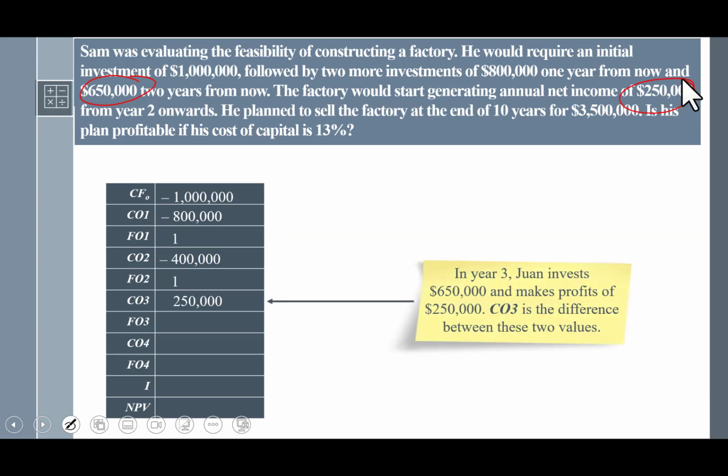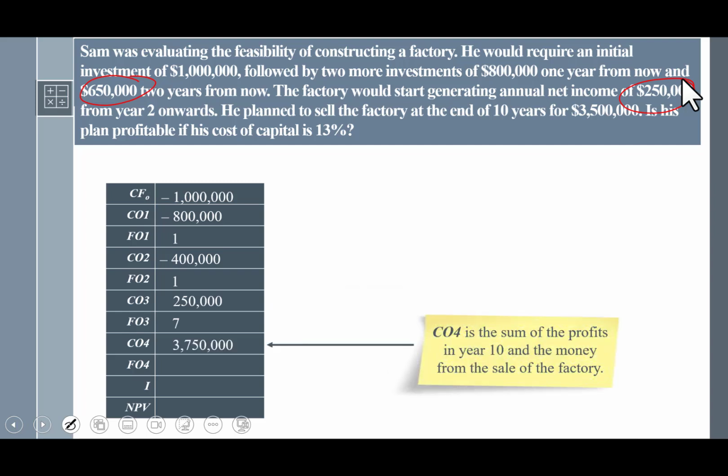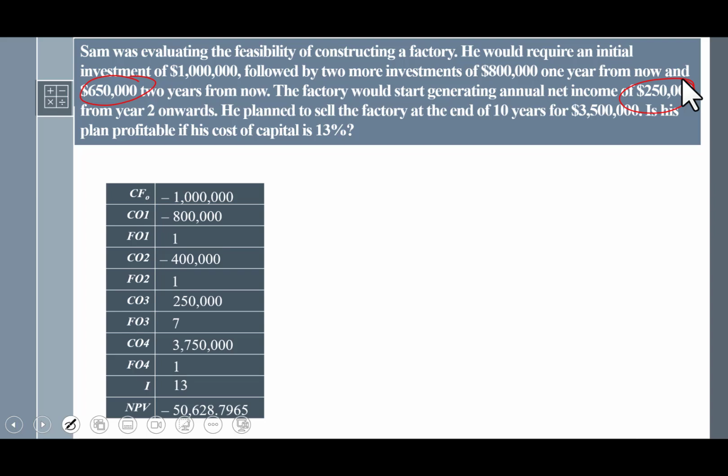Then the 250,000 from year 3 to year 9. So that's going to be repeated 7 times. From the third year to year 9. Because year 10, they're getting the 3.75 million. Repeated only once. That's the interest rate. The NPV is minus 50. Net present value is negative, which means it's not a good investment.